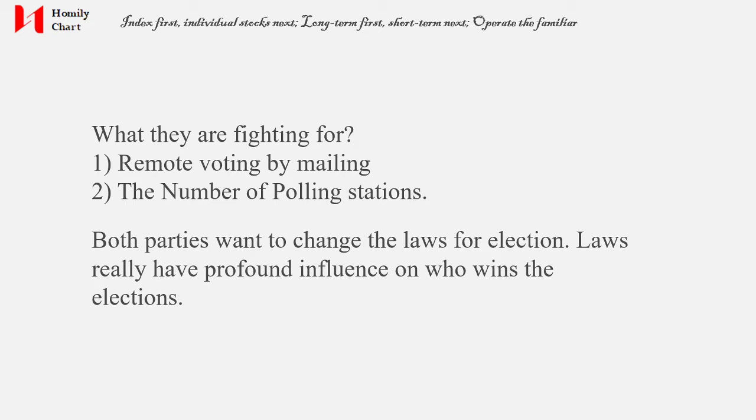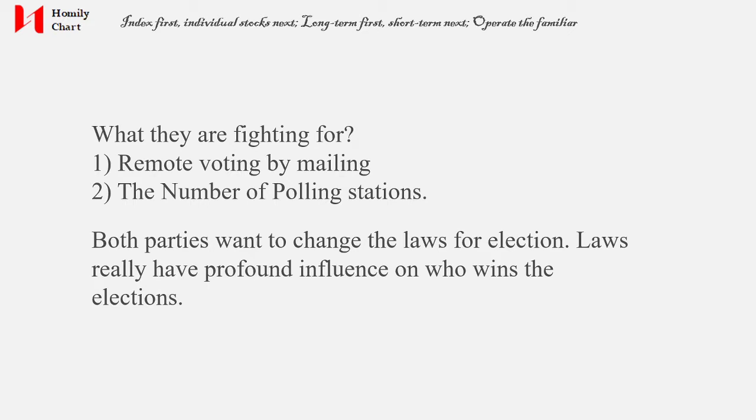But if it is very troublesome to vote, and people have to go out and queue, then many people would feel unwilling to vote. They would quit, give up. We mentioned that if more people can vote, especially the minorities, it will be in favor of the Democrats, right?